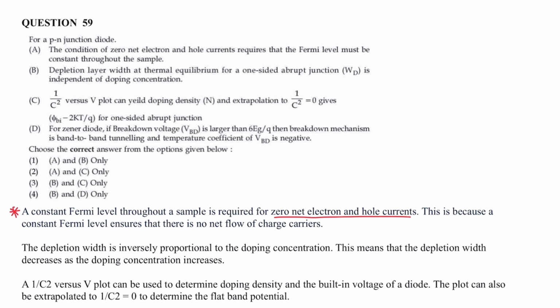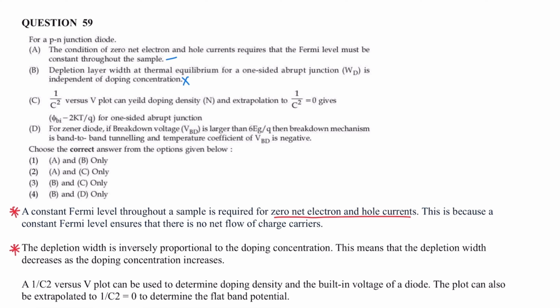Statement A is correct. The depletion layer width at thermal equilibrium of a one-sided abrupt junction is independent of doping concentration. So statement B is incorrect, because the depletion width is inversely proportional to doping concentration. It means the depletion width decreases as doping concentration increases.